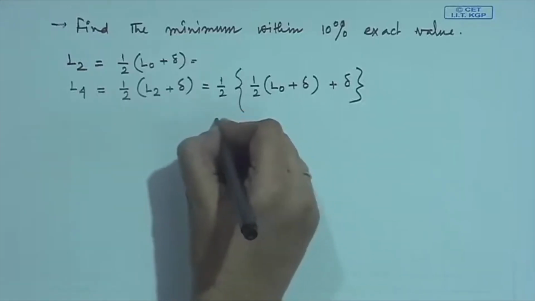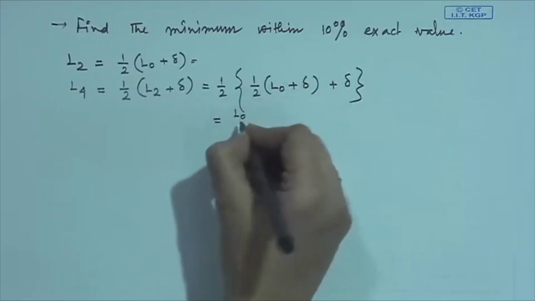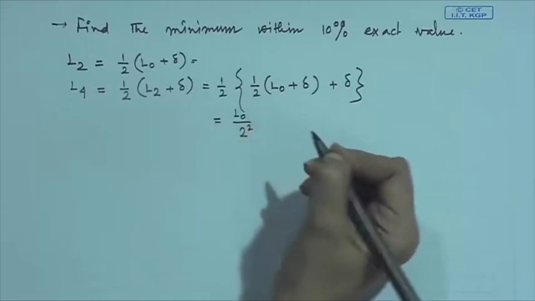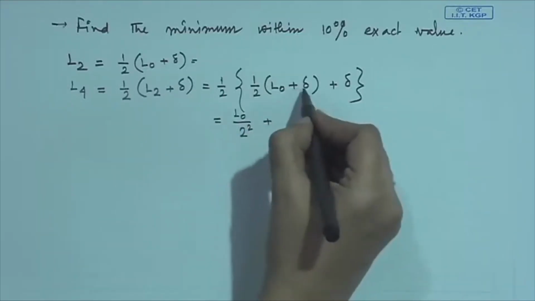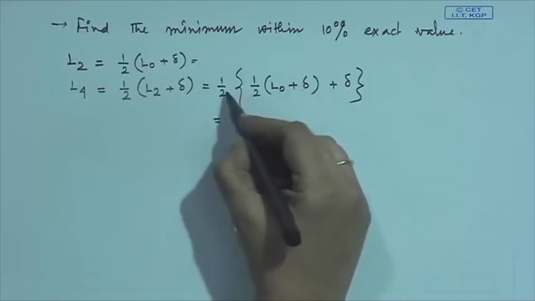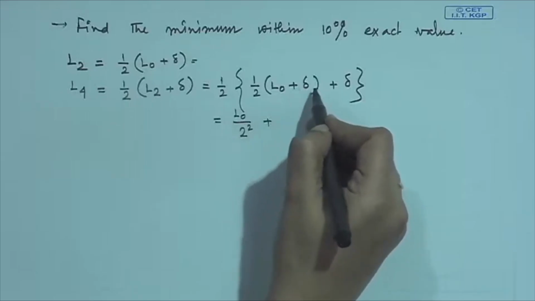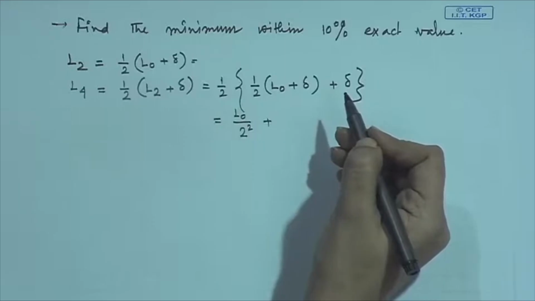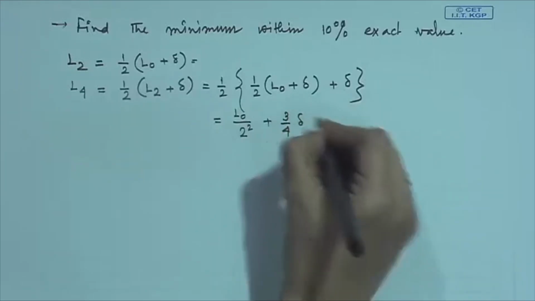Now, if I just do it, we are getting L naught by 2 square, okay, plus here I am getting 1 by 4 delta by 2 plus half, that means it is coming 3 by 4 delta by 2, delta 3 by 4 delta.